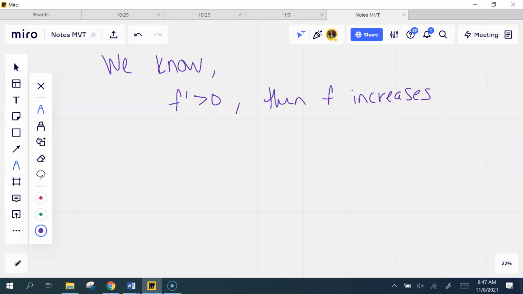On the interval that the derivative is greater than 0, I'm going to add that if the derivative is positive on the interval AB, then f increases on AB. And just because you will see this, it's inclusive on the function, it's exclusive on the derivative.